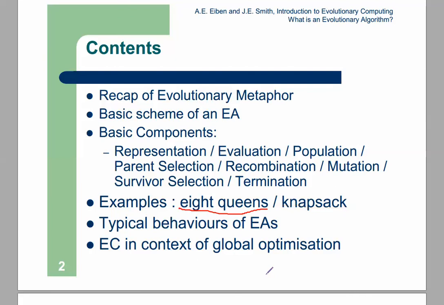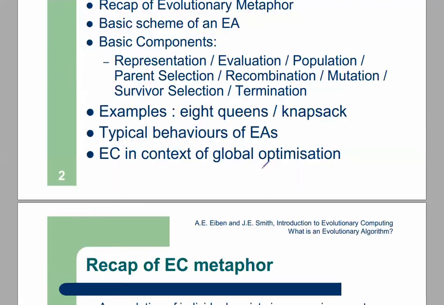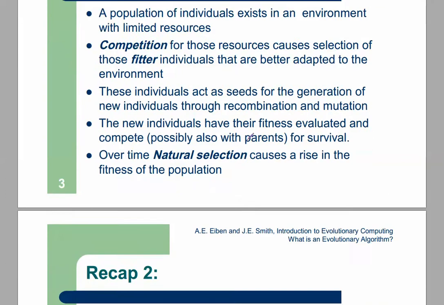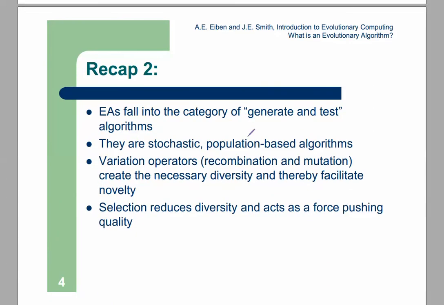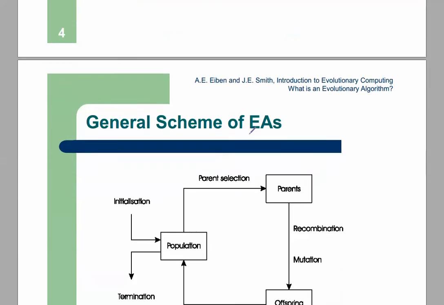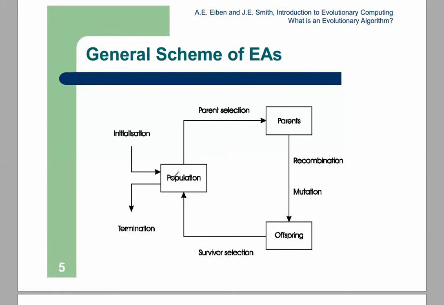We explained in the previous session the content of EA and some concepts: the population, parent selection, recombination, mutation, offspring or children, and survivor selection. This loop repeats until it reaches the end.